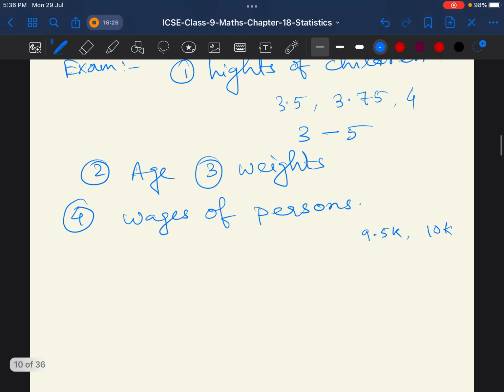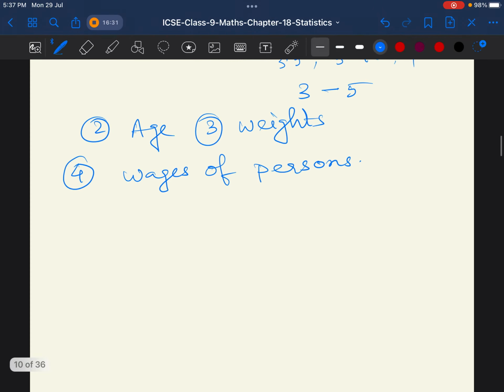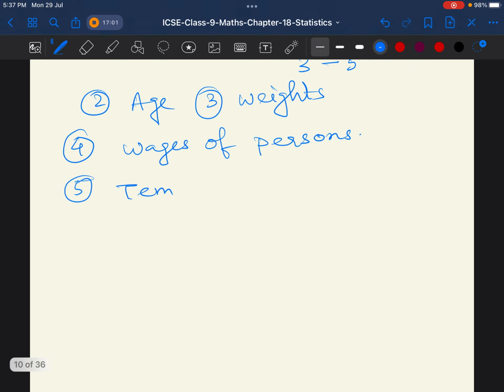So these are continuous variables. Temperature will change, and it will be 50.1 degree centigrade, 49.5 degree centigrade. So it is not fixed, and in a certain range we can take any numerical value. So this is a continuous variable.